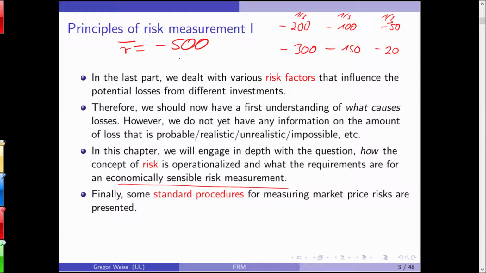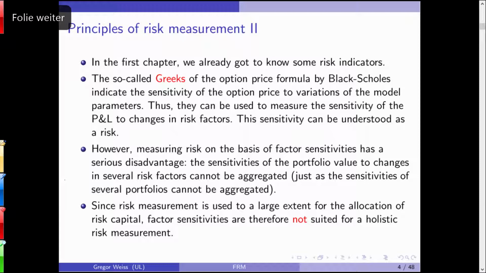I simply assume, in any case, I don't care what the distributions look like, the risk to be minus 500, a potential loss of 500 euros or dollars. Now, this is obviously not an economically sensible way of measuring risk. It simply is an assumption I make, and I have to do better. So this is also something we'll have to look at: what is an economically sensible measurement of risk?